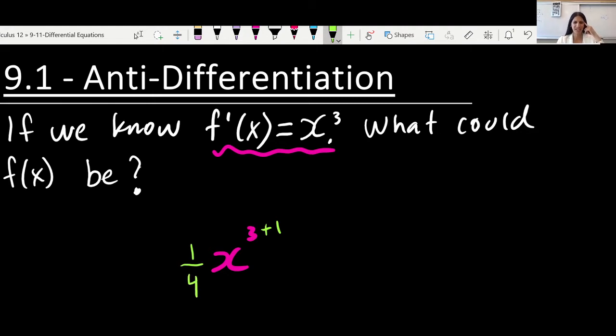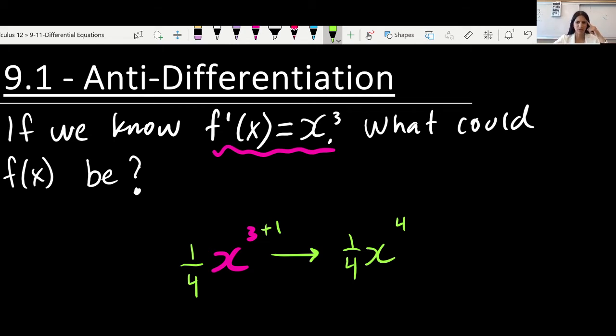Now let me explain that process, because if I'm thinking backwards of how I got here, if I have an x to the 4 up there and I'm going to be pulling the 4 down in front, for me to end up with just an x here, a quarter must have been there as a coefficient at the start. So let me show you what I mean by this. I'm thinking in order to get x cubed as my derivative, I must have started with a quarter x to the power of 4 in order to end up with the pink stuff as my derivative.